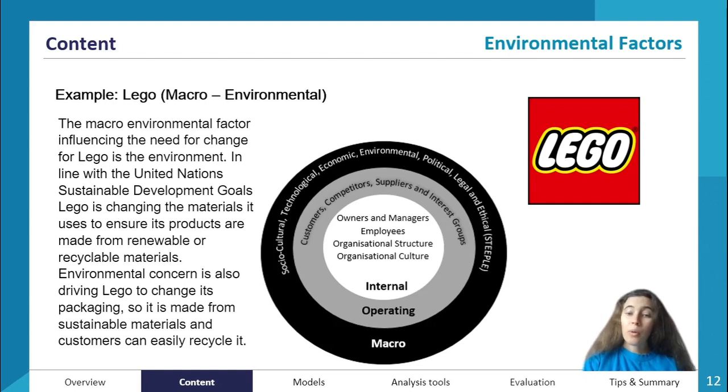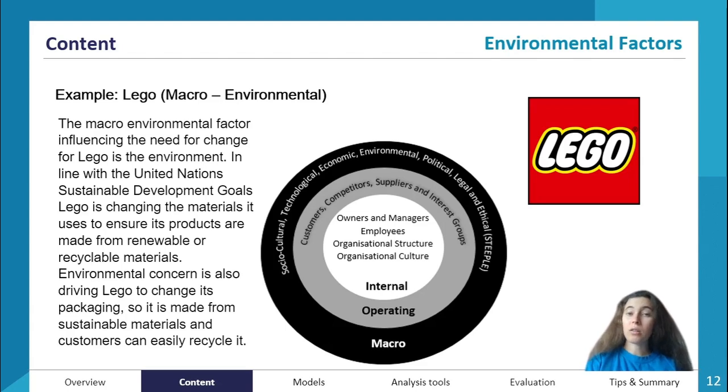And another example, this one is macro. We've got the environmental factor here. So in line with the United Nations Sustainable Development Goals, or SDGs, Lego changed its materials to make sure it was using products that are made from renewable or recyclable materials.